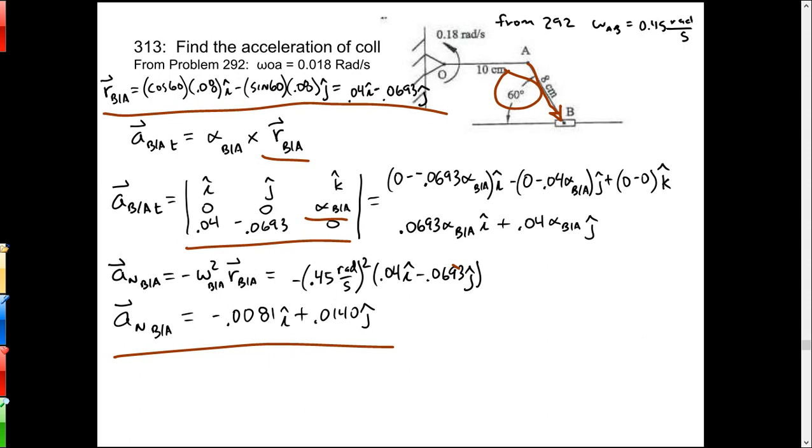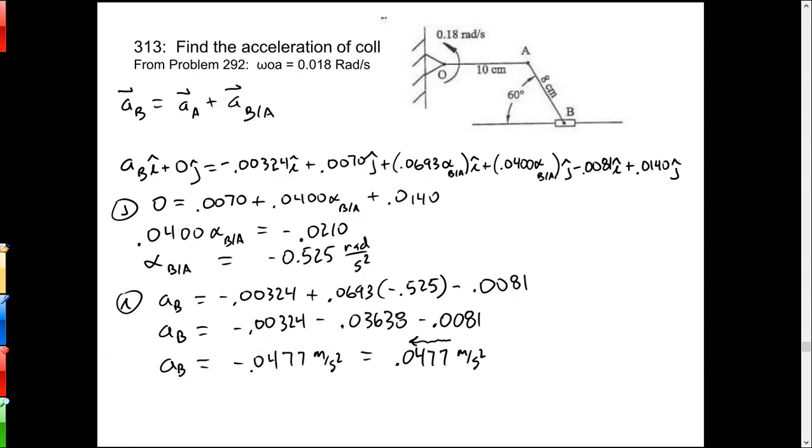Got any questions on that? We're doing okay? So that gets you the two components of acceleration, and then once you've got them, you just plug them in. That's the same slide as I just showed you. It's the same dang thing. Just get the total vector equation.